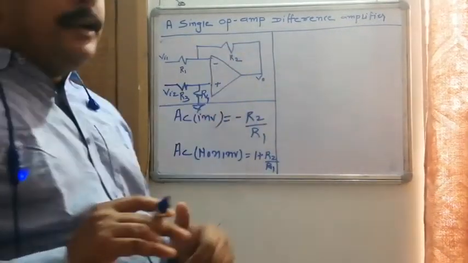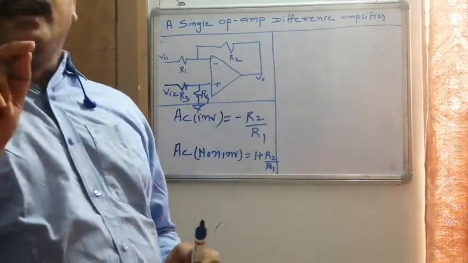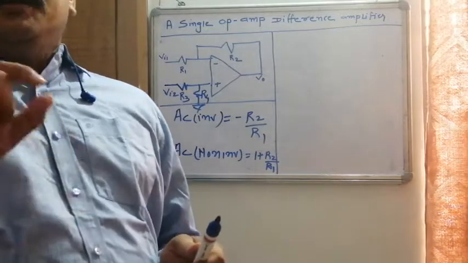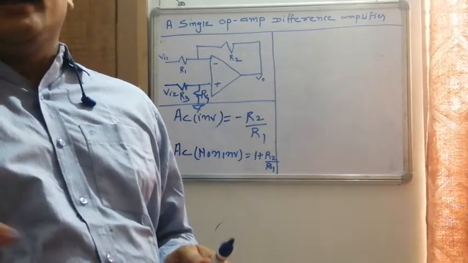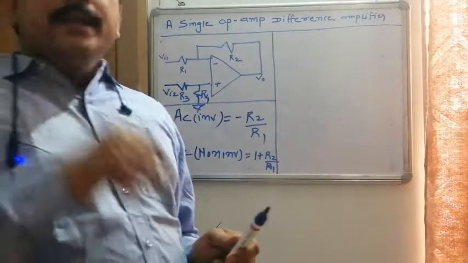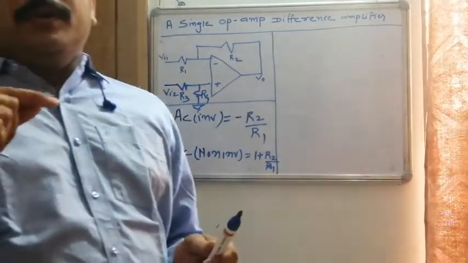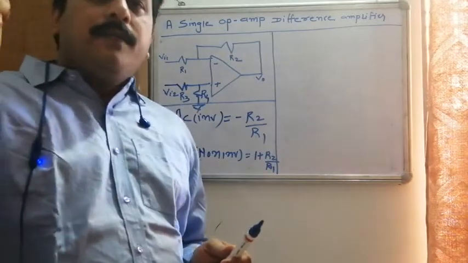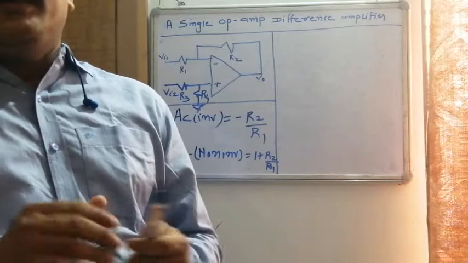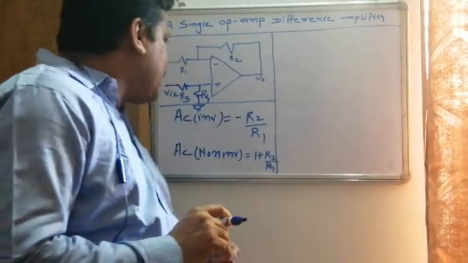It will work as a difference amplifier if the magnitude of the gain of the inverting configuration is equal to the magnitude of the gain of the non-inverting configuration.